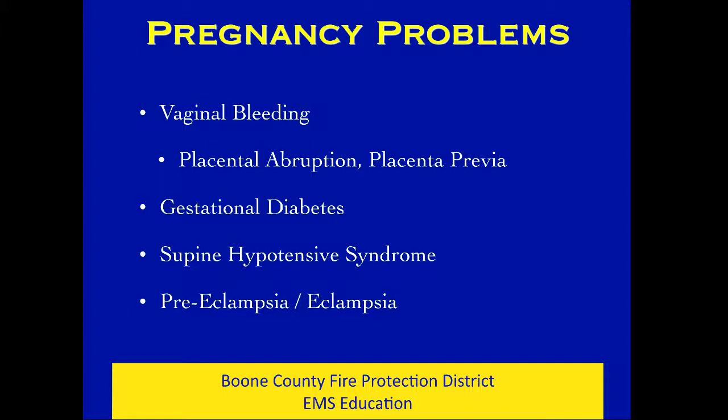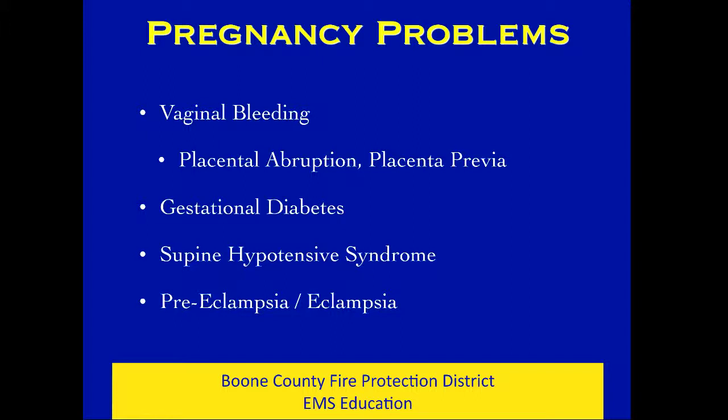Placental abruption is painful and has vag bleeding in third trimester. Painful vaginal bleeding is a placental abruption. That means the placenta has torn away from the uterine wall, which means that the baby is no longer getting any blood supply or nourishment, and that is clearly an emergency for the baby.